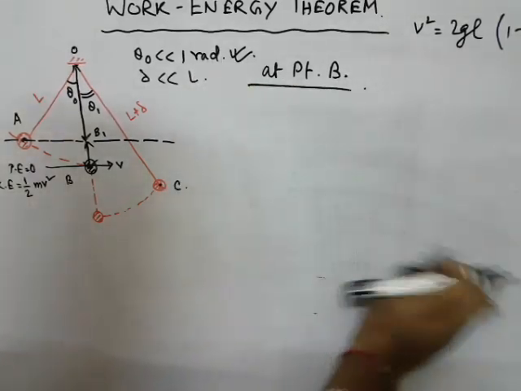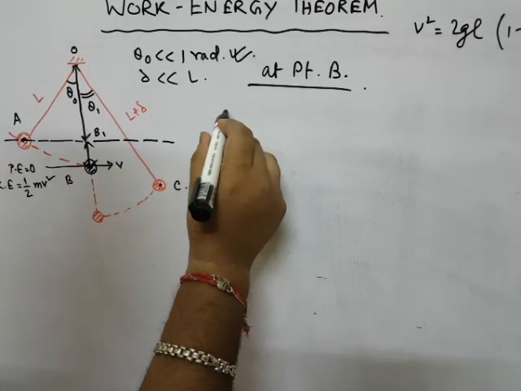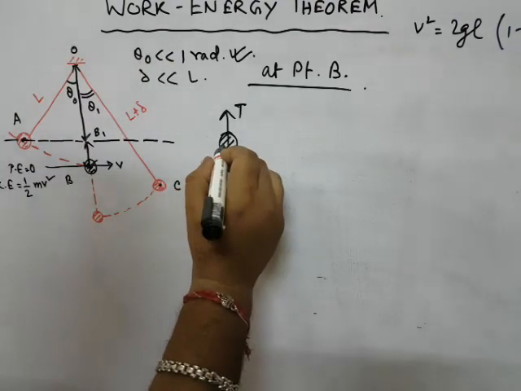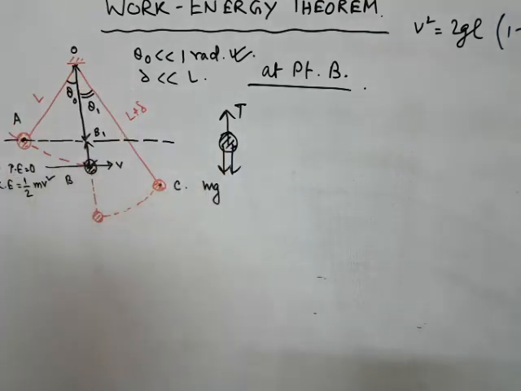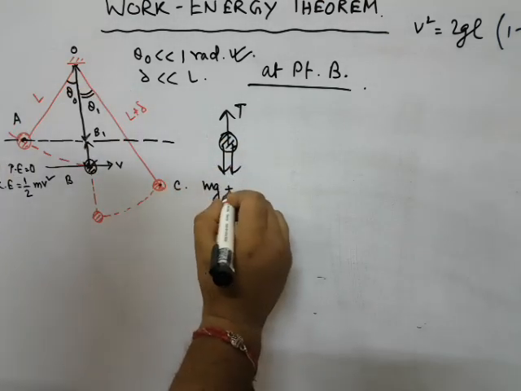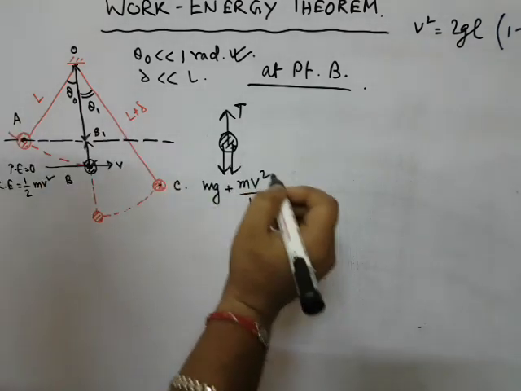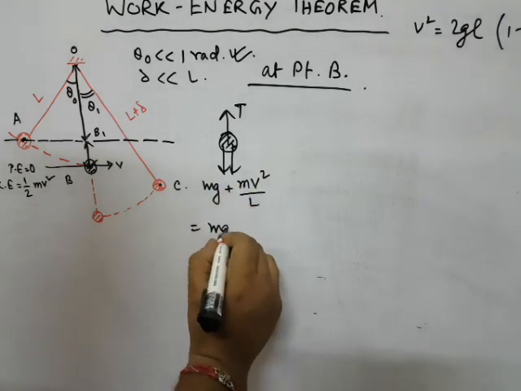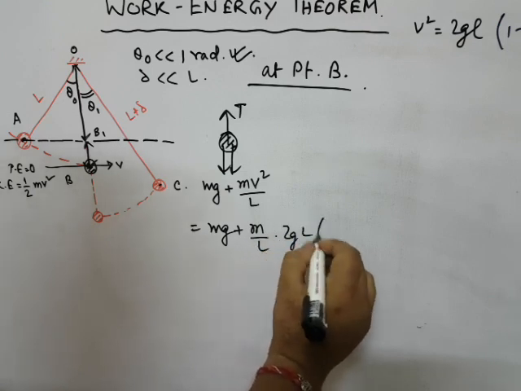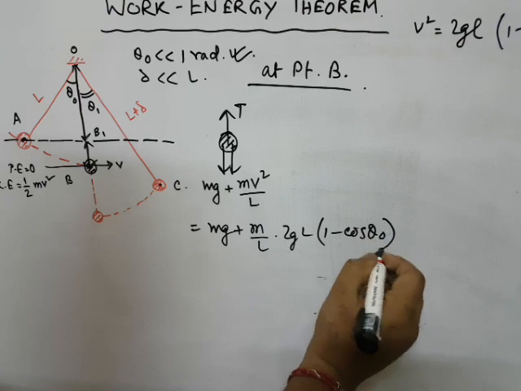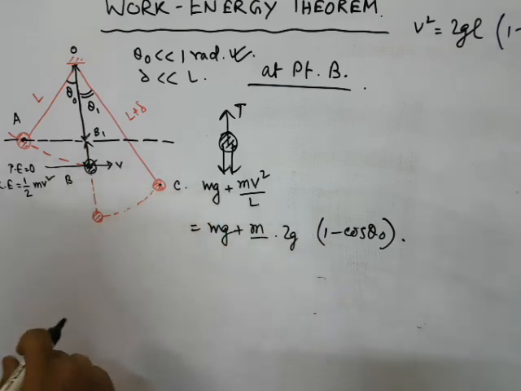Now what happens at point B? At point B, the tension in the string T acts upwards. What about the downward forces? There is a force mg, which is the weight of the pendulum bob, and the centrifugal force, which is mv square by L. So we get T equals mg plus m by L into 2gL(1 minus cos theta naught), because we have already found that v square equals 2gL(1 minus cos theta naught). The L will cancel out.